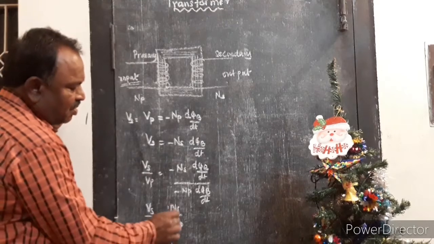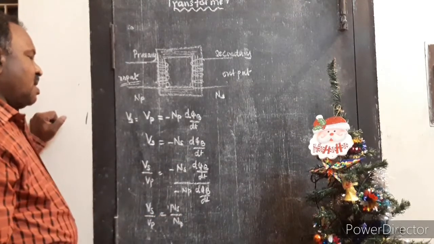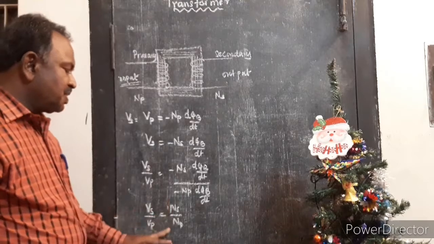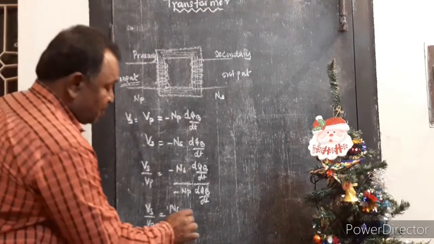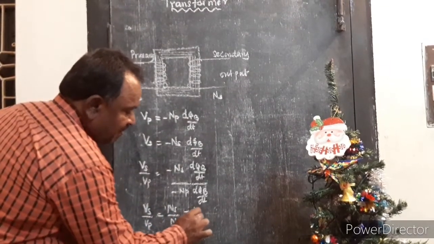This ratio is called the transformer transmission ratio, given by K.